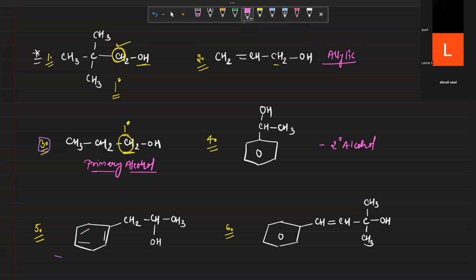If it's directly attached to the alkene, right, then that would be allylic. Or no, sorry: OH group directly attached to alkene or double bonded C. No, this one would be allylic. Yeah. So here is the double bond.